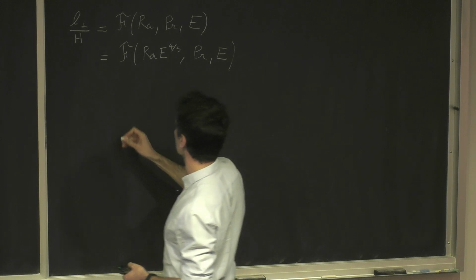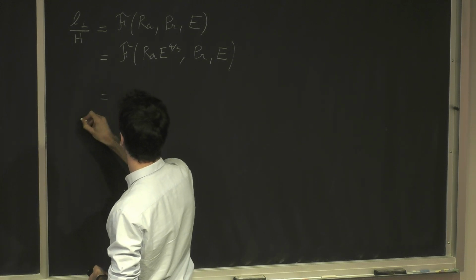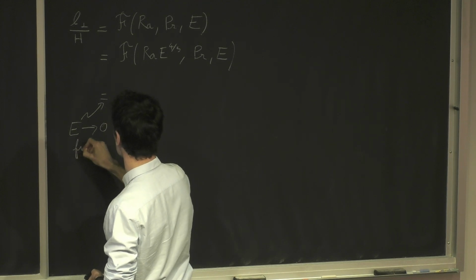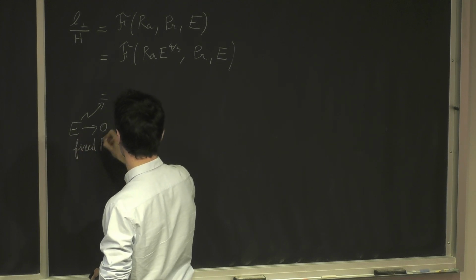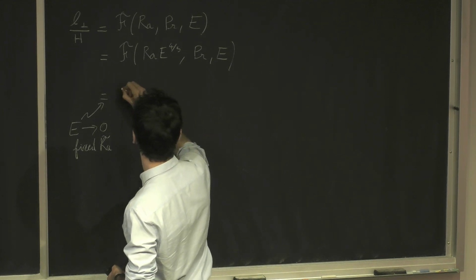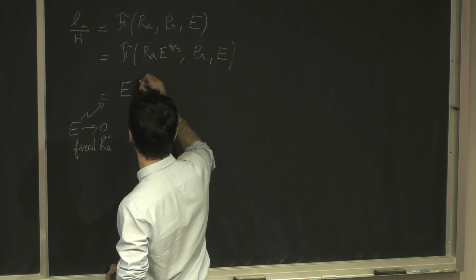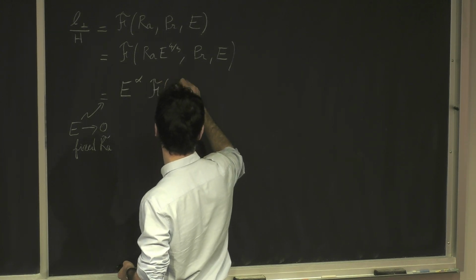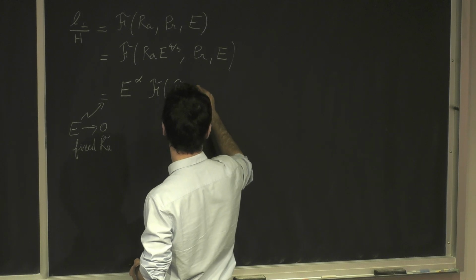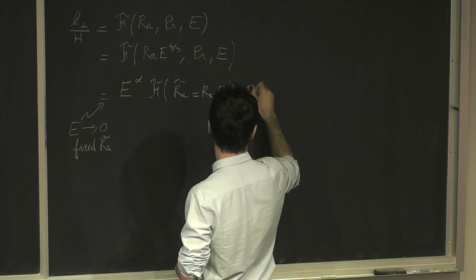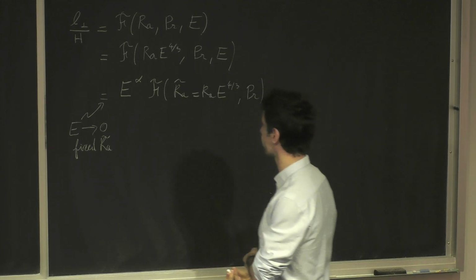And then you would say, well, if you send Ekman to 0 for fixed Rayleigh tilde, which is this Rayleigh Ekman to the 4/3, then surely it will be some parallel Ekman to the alpha, and then some function of Rayleigh tilde and Prandtl.